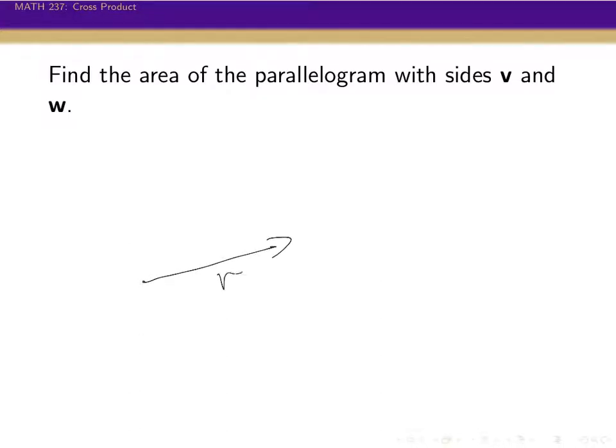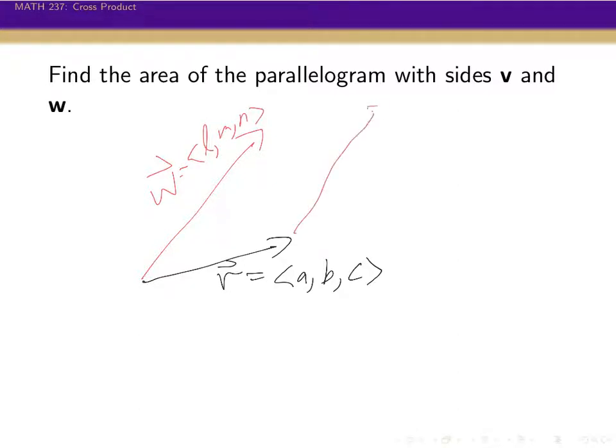So let's let that be V. Again, V is going to have components A, B, and C. We're doing this in 3-space. W is going to have components L, M, and N. And then we want to make this into a parallelogram.